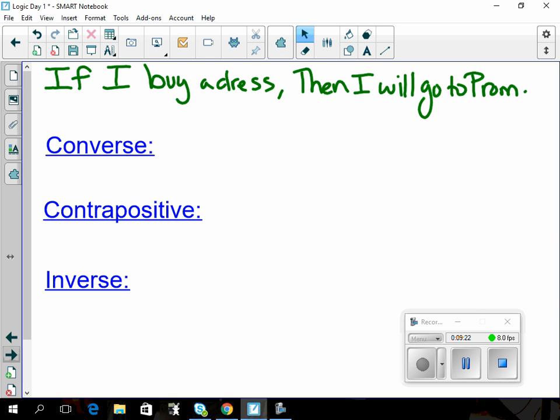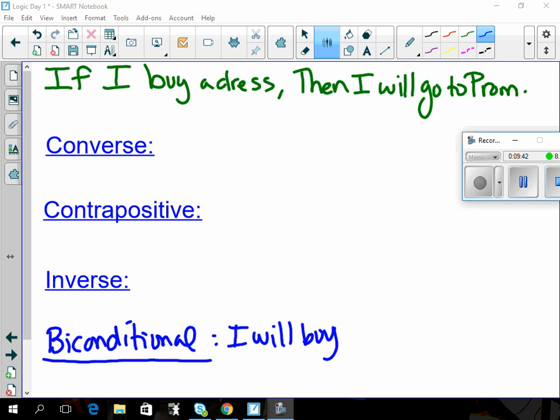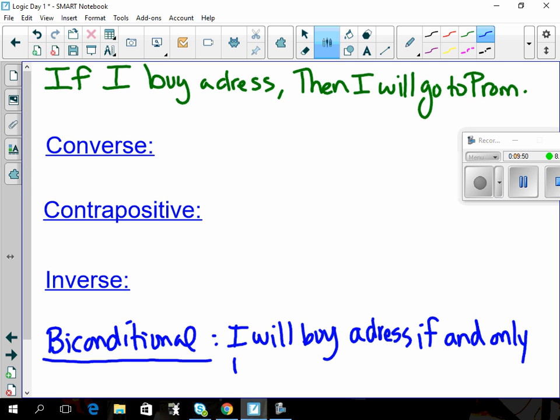If and only if. So if I wanted to make this a biconditional, what would that be read like? It would say, I will buy a dress if and only if I go to prom.